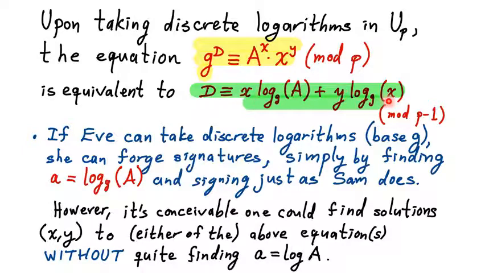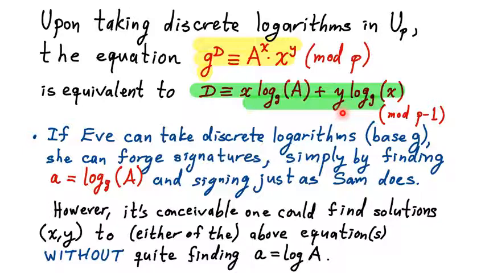Once you put in an x whose logarithm is equal to k, co-prime to p minus 1, there's always a unique solution for y, and that solution is easy to find in a computationally effective manner. That has everything to do with the fact that k is co-prime to p minus 1, so when it's a coefficient, you can divide by that coefficient.